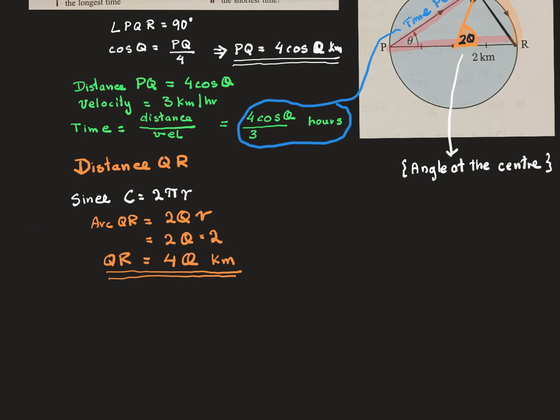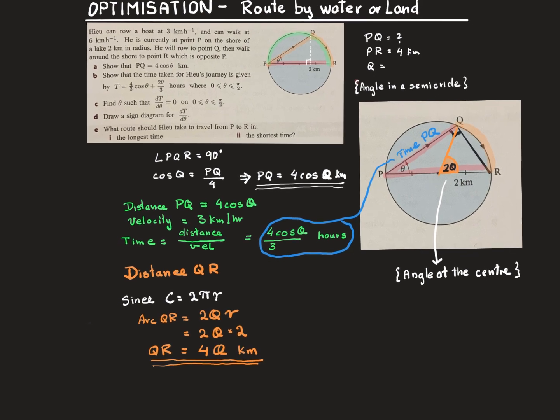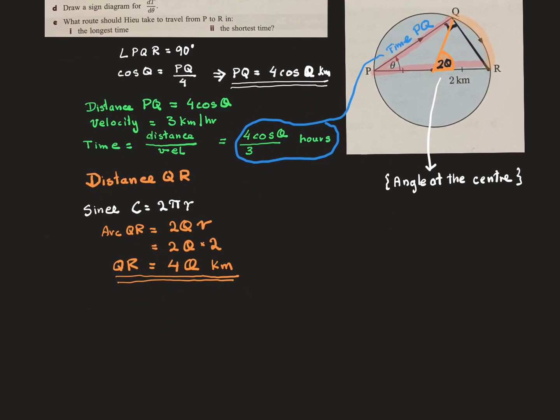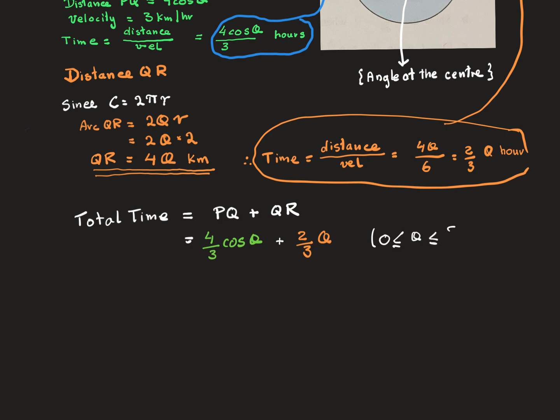Now, since Hugh can do this at 6 kilometers an hour, the time is going to be distance over velocity, which is 4 theta over 6, which simplifies to 2/3 theta. So the total time is 4/3 cos theta plus 2/3 theta, and we remember that theta has to be greater than or equal to 0 and less than or equal to pi on 2, which is 90 degrees.